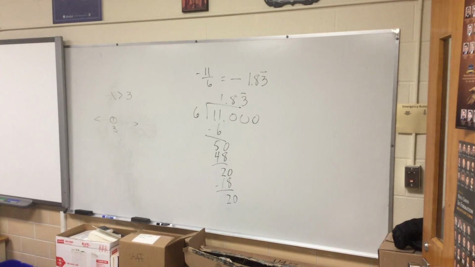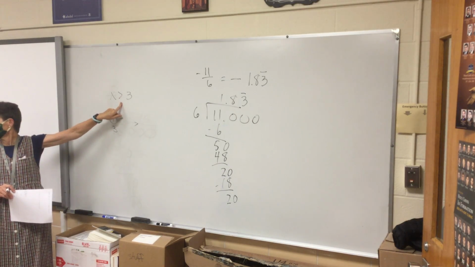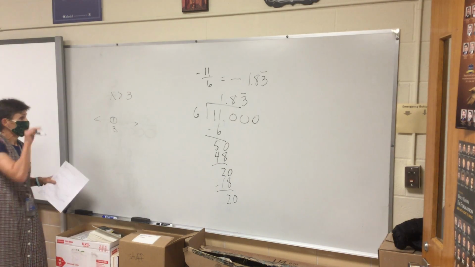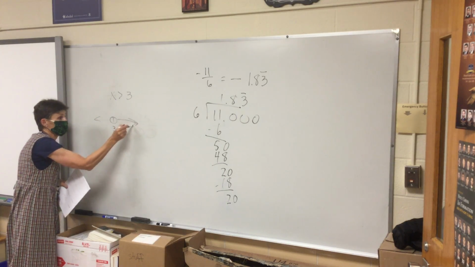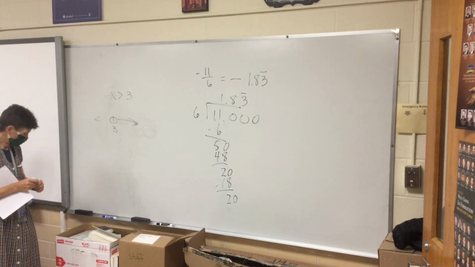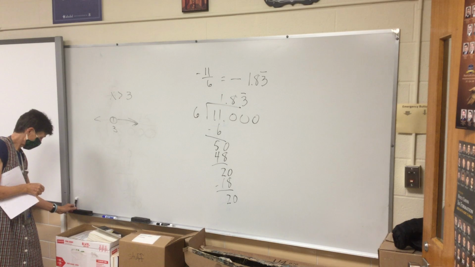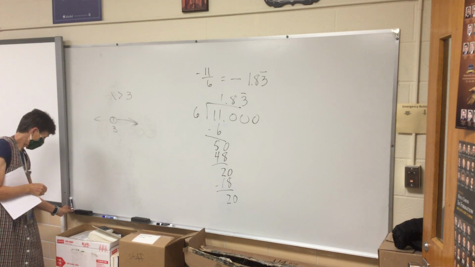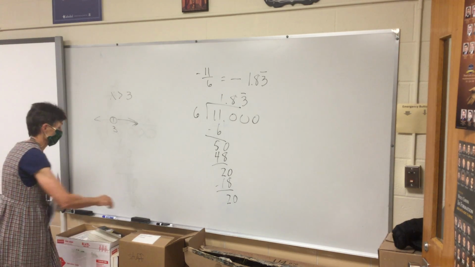Just put the one you want. I mean, if you want to put more, that's fine. But we really only care about the 3. And that's an open circle because there's no or equal to. And it's shaded greater than, so it's shaded that way. Very nicely done. All the numbers bigger than 3.